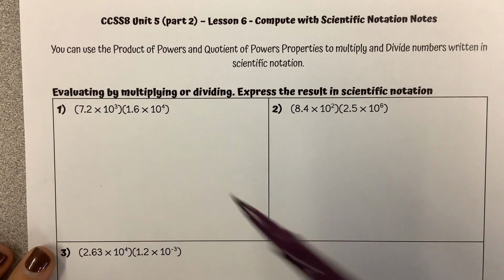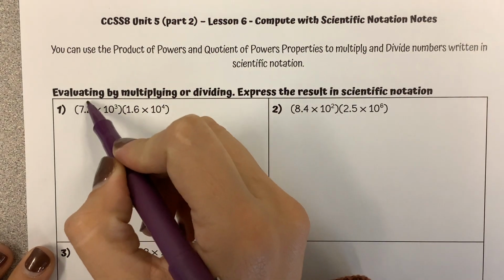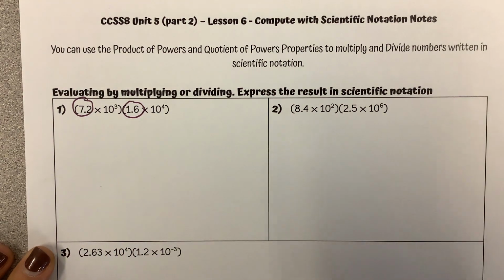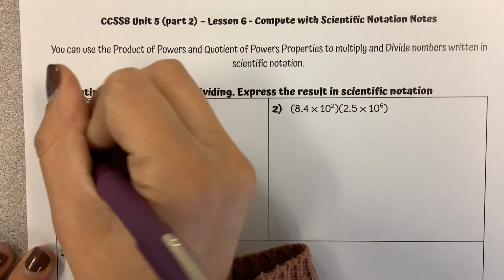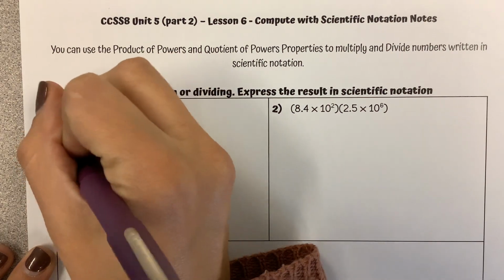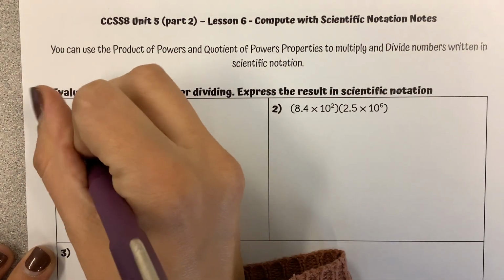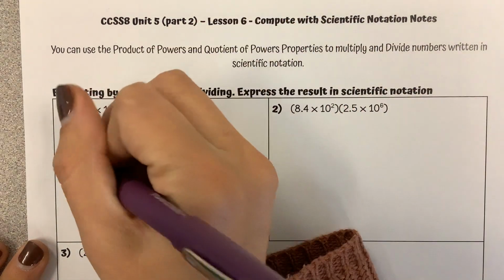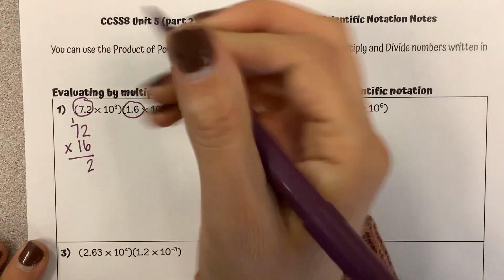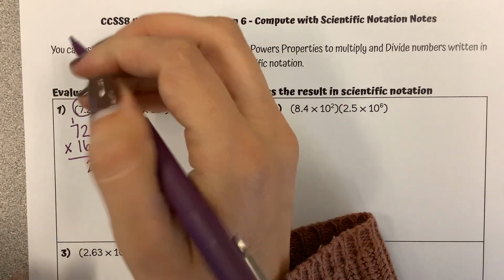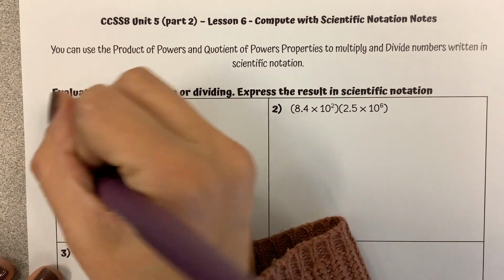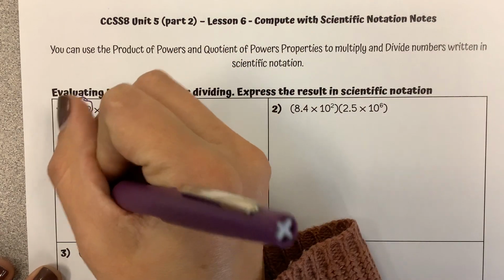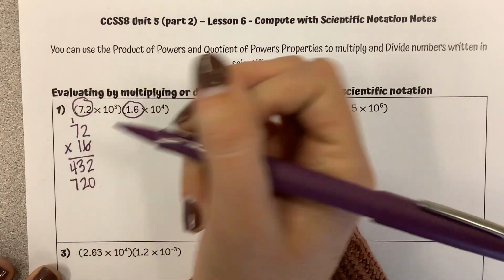I'm going to multiply my numbers together, 7.2 times 1.6, and I am just multiplying it as 72 times 16. 6 times 2 is 12, carry the 1. 6 times 7 is 42, plus 1 is 43. Put our 0 placeholder. 1 times 2 is 2. 1 times 7 is 7.